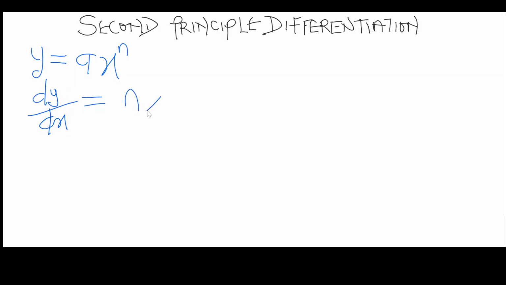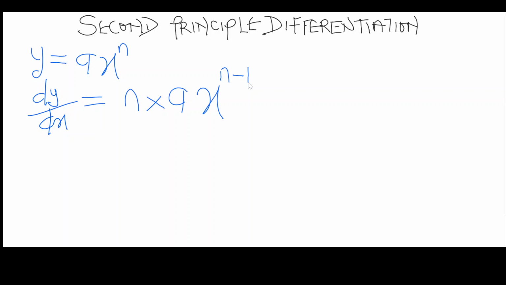So we multiply n by the coefficient a, then multiplied by x itself, but this time we subtract 1 from the power of x. The power of x here is n, so we get n minus 1.